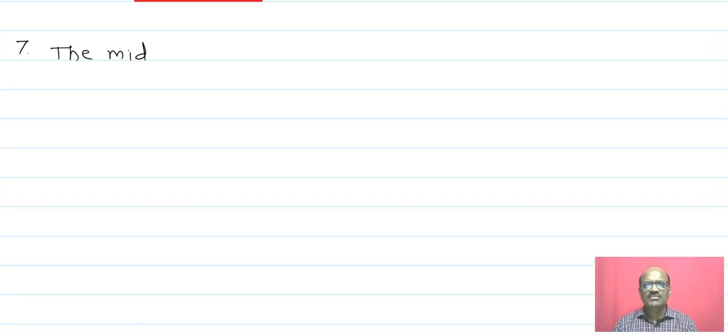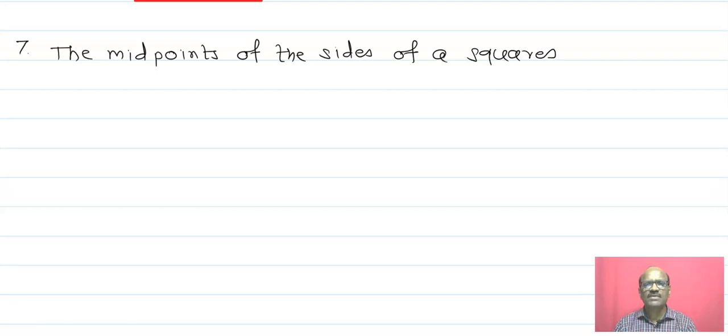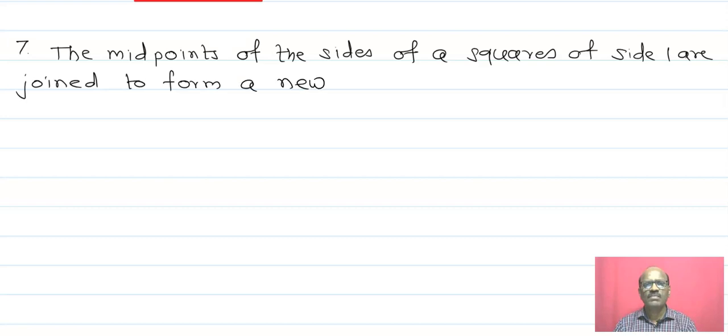Next, question number 7. This is a very nice question. The midpoints of the sides of a square of side 1 are joined to form a new square.